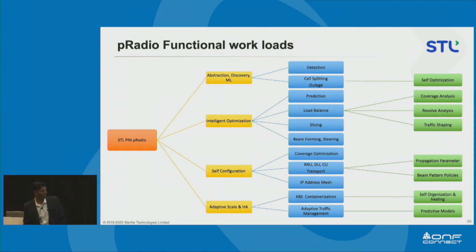I'll not go through all of these, but the thought process here is that we are breaking all the features into functions and sub-functions so that those can be directly mapped onto container-based applications. And that's where we get the scaling in, scaling out advantages.